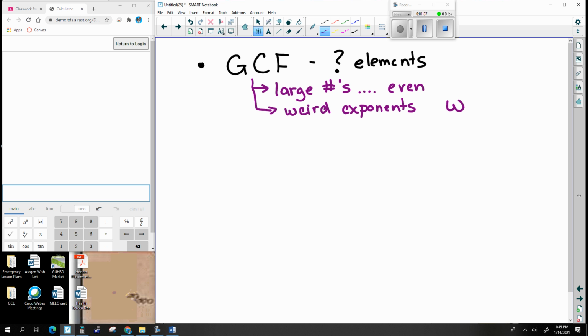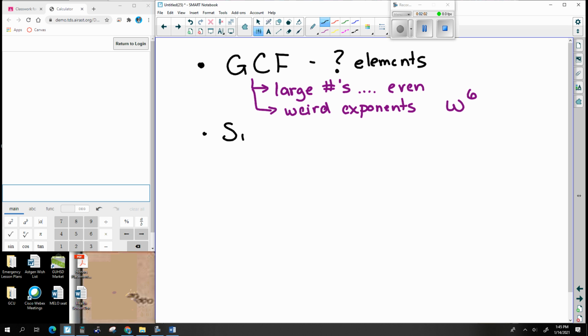Like if you have a W to the 6th in there, chances are there's going to be some sort of GCFing going on. Weird letters or exponents you don't usually see, like 4 or above, are usually an indicator of a GCF.